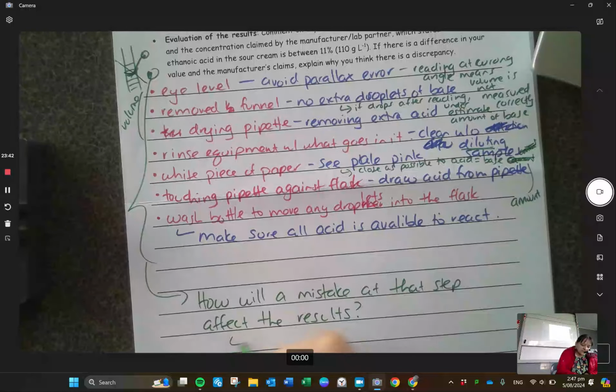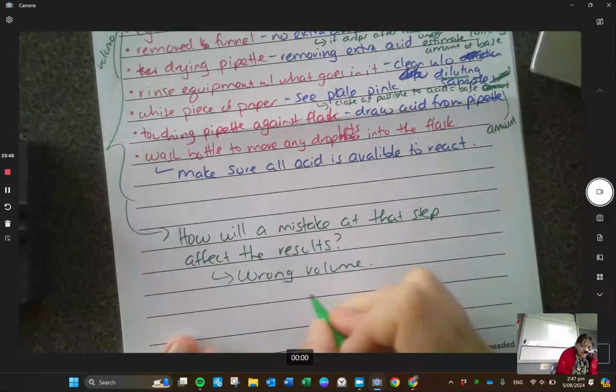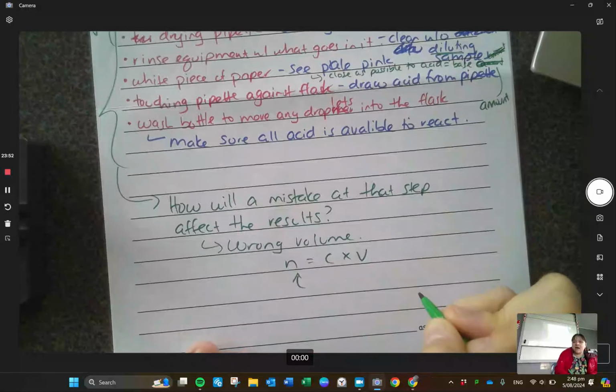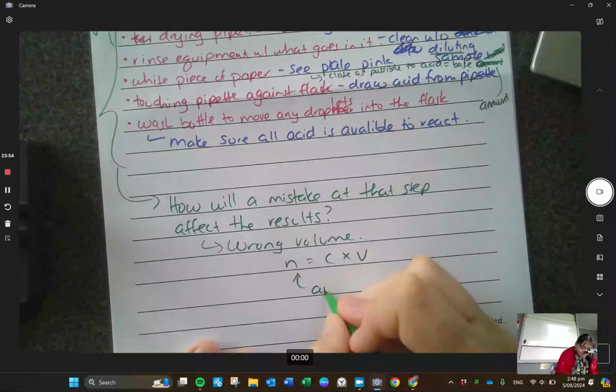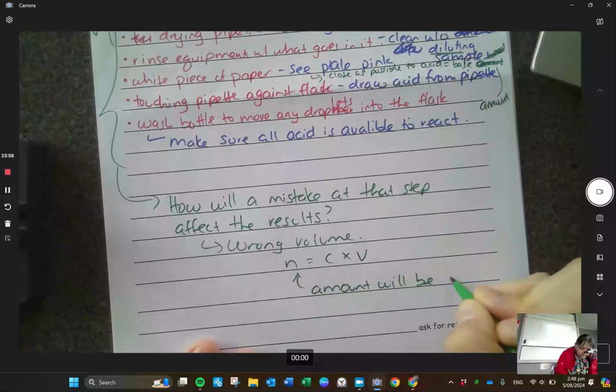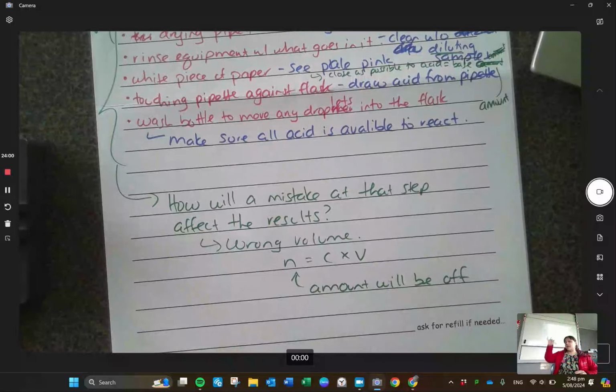Most of these tie into wrong volume. And once you get the wrong volume, when you go and do the calculation of n equals c times v, the n amount will be wrong. And then all your calculations from then on are going to be affected. Hopefully that helps and makes sense. I'm not doing a terribly good job explaining it today.